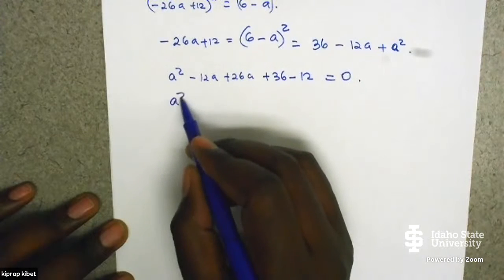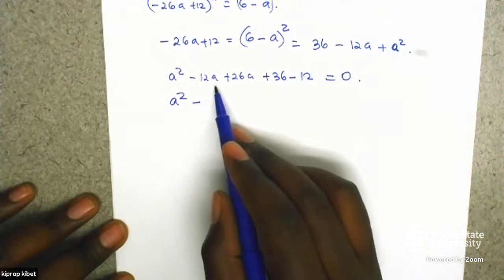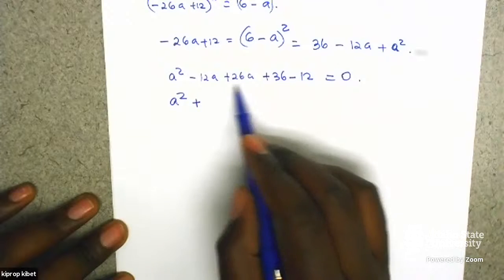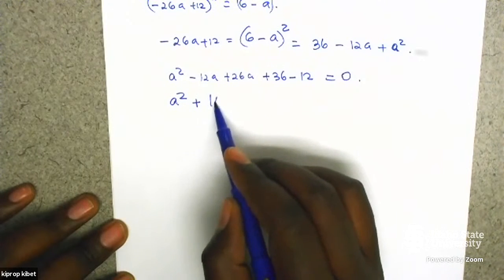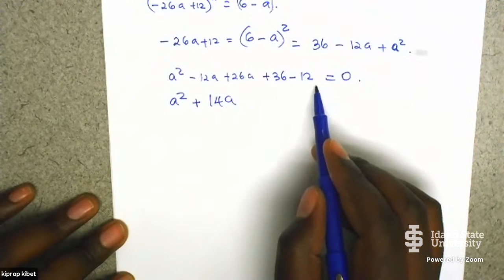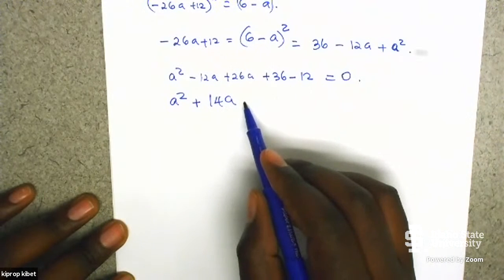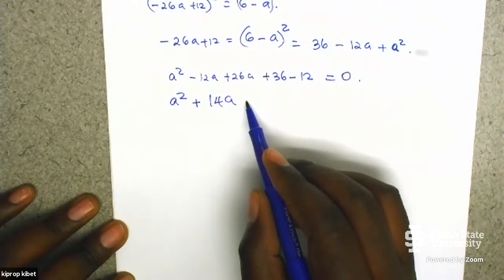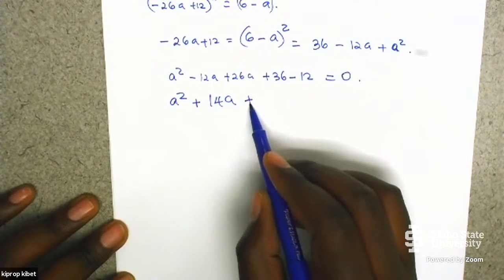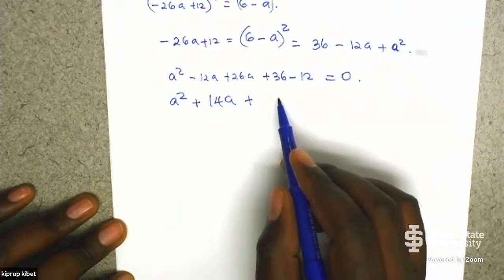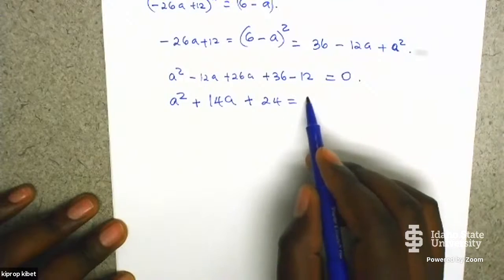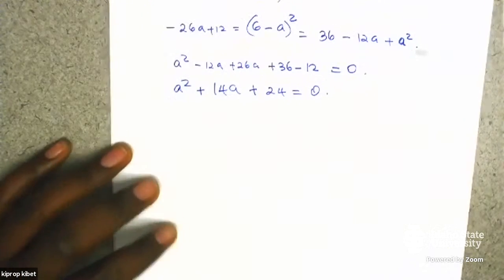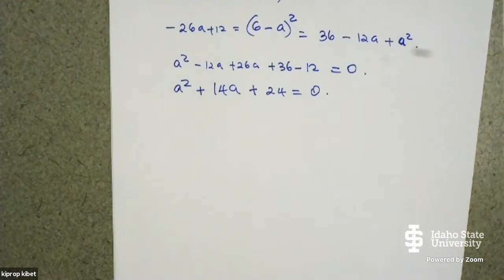So our a squared plus 14a, 36 minus 12 is plus 24, equals 0. Then you need to solve for the values of a.